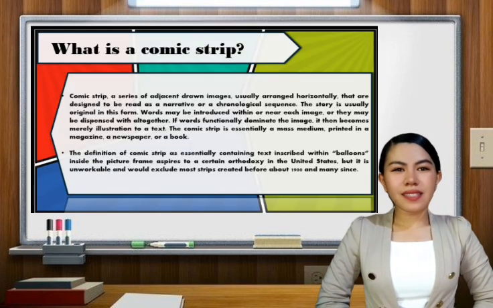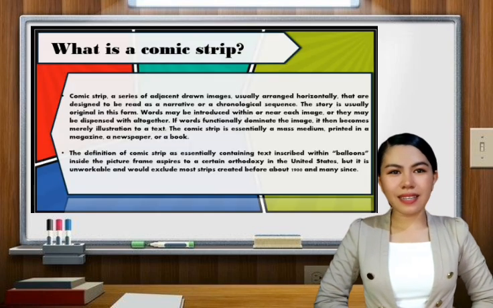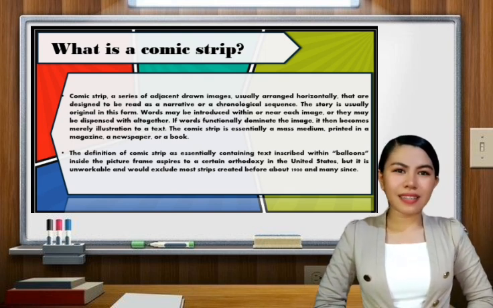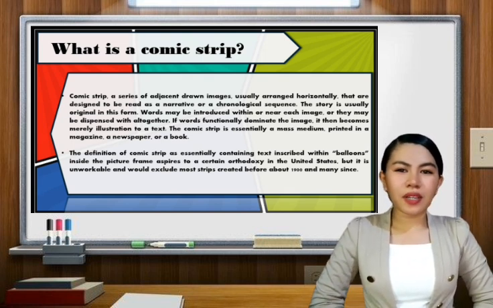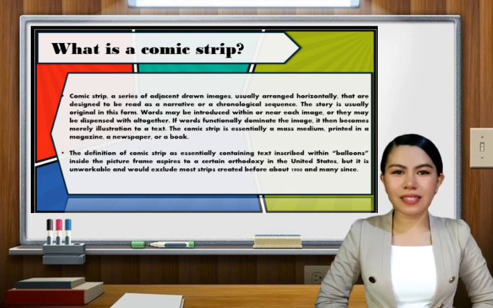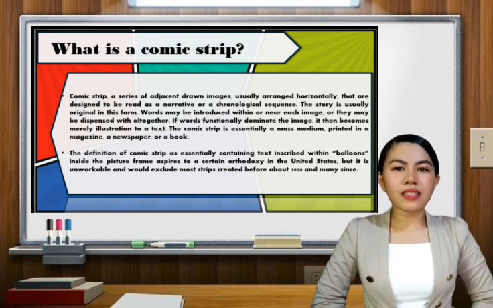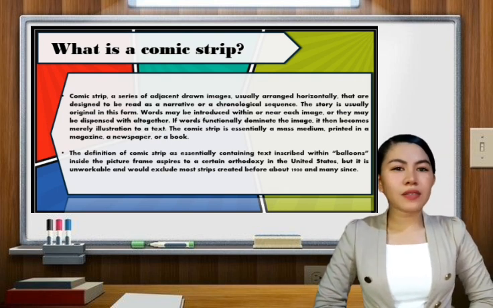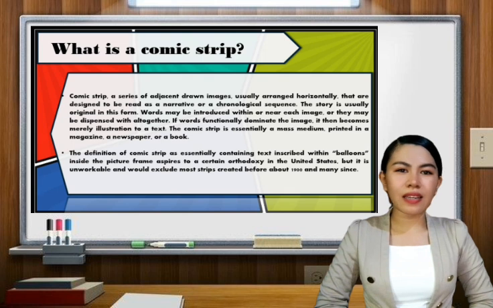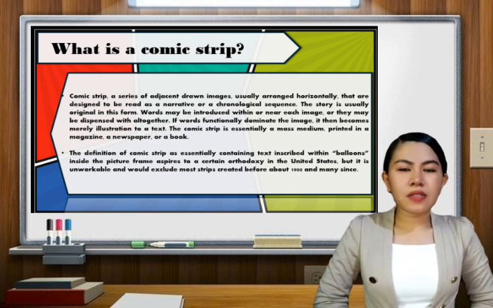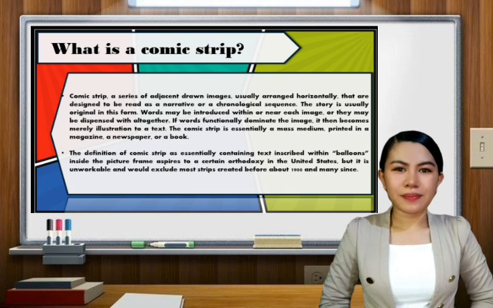A comic strip is a series of adjacent drawn images, usually arranged horizontally, that are designed to be read as a narrative or a chronological sequence. The story is usually original in this form. Words may be introduced within or near each image, or they may be dispensed with altogether.